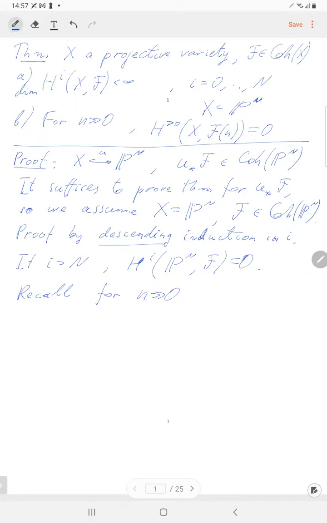Well, if you wish, because the closed embedding is an affine morphism. And for affine morphism, you can compute cohomology of a sheaf in terms of its push forward. Okay. So maybe I should add it somewhere here: a closed embedding is an affine morphism.